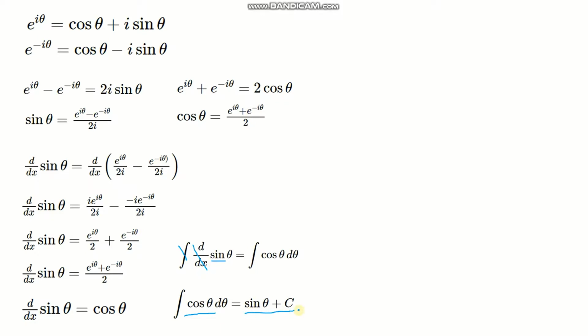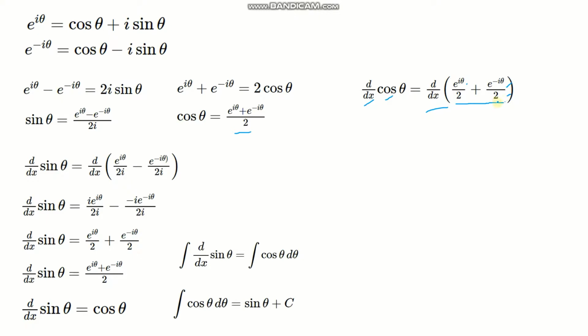For the derivative of cosine theta, it equals the derivative of the right hand side. On the right hand side, it is the same as e to the i theta over 2 plus e to the negative i theta over 2.